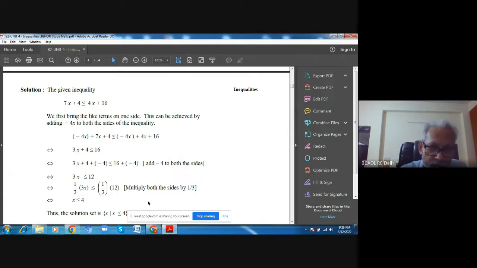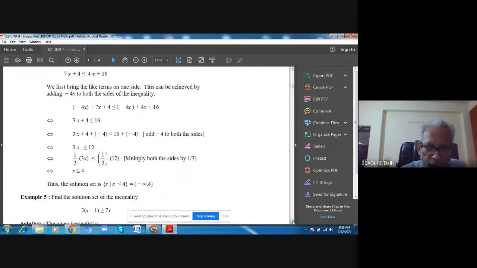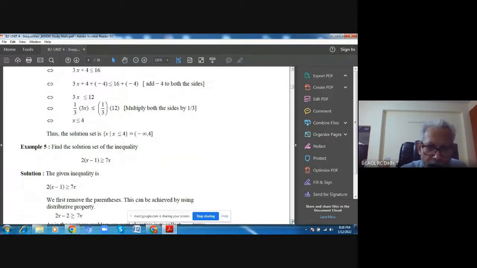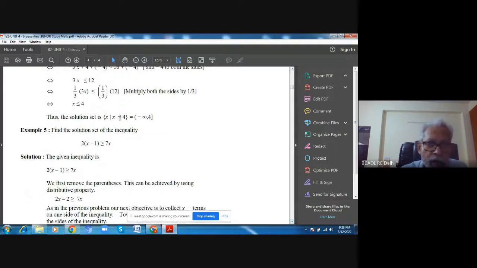Okay. Here the graph is not given. Anyhow, no problem. So you can put your graph this way. That means the dot at 4 is here and then the left hand side, negative infinity. So you have to go this side.